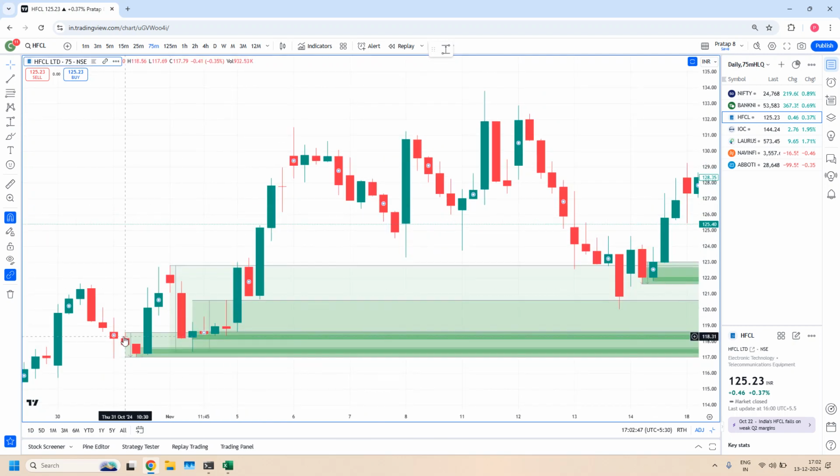This is the 75 minute zone. This failed ERC candle has a leg in, 2 base candles and a rally candle. And this 75 minute zone is the horizon to this entire daily zone.